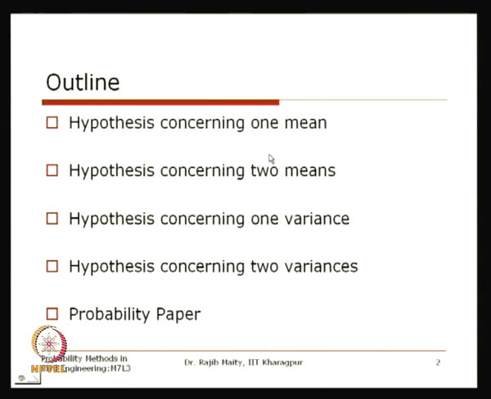So, our outline for today's lecture is hypothesis concerning one mean, hypothesis concerning two means, hypothesis concerning one variance, and hypothesis concerning two variances. And if time permits, we will also see the probability paper, once the data is available. So far we have assumed that the data follows some particular distribution.